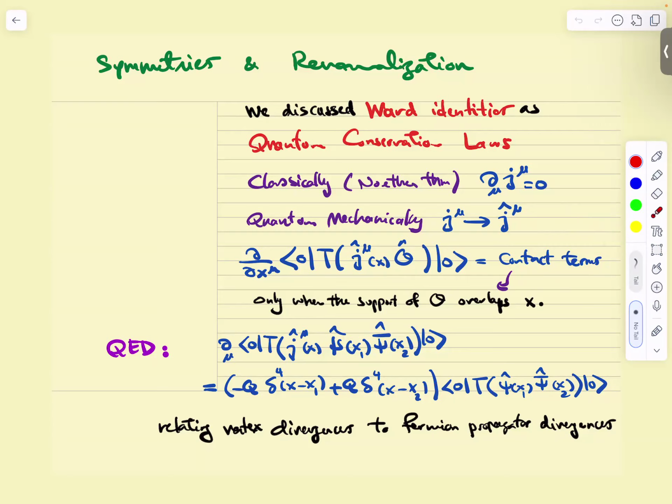So an example of this is, like, you could pick this operator to be psi bar at x1, psi at x2, and as long as x is not on x1 or x2, then this is 0. However, when x becomes x1, there's a Dirac delta function, the coefficient of which is q, the charge, right? And then if it becomes x2, it is minus q, but notice that this is a fermion and anti-fermion, so there's a sign difference here on the charge, and then multiplied by the two-point function, the propagator. This is a fully non-perturbative relation, right?